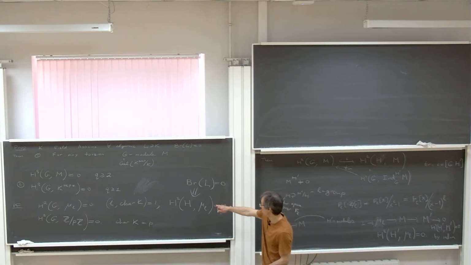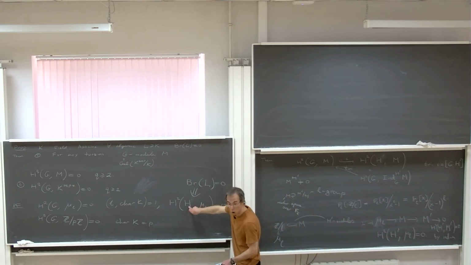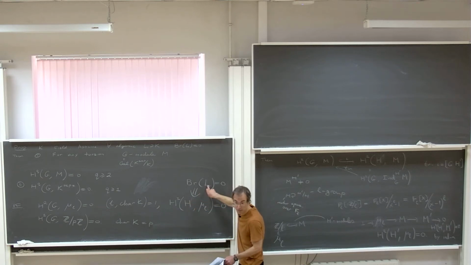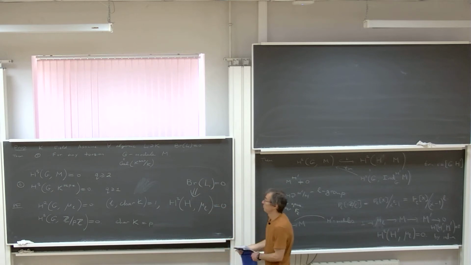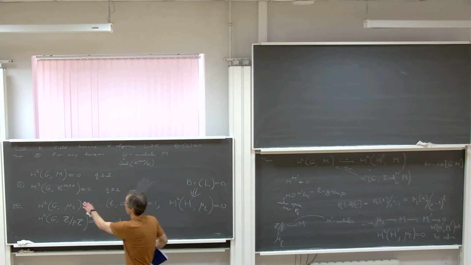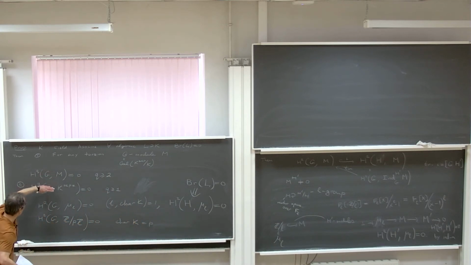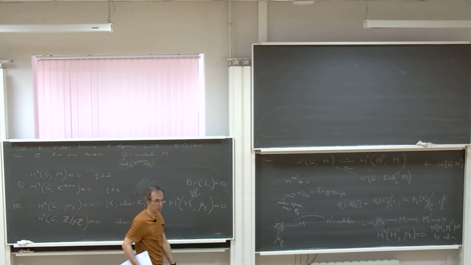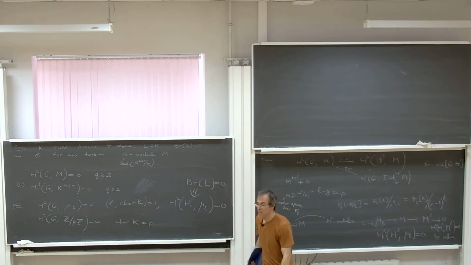So if H is an open normal subgroup, it corresponds to some finite field extension. Okay? And also, by the way, here we are proving a stronger statement, that not only this group is 0, but also the homology of H with coefficients in M is 0. But it amounts to replacing K.